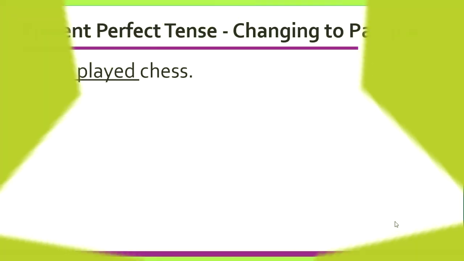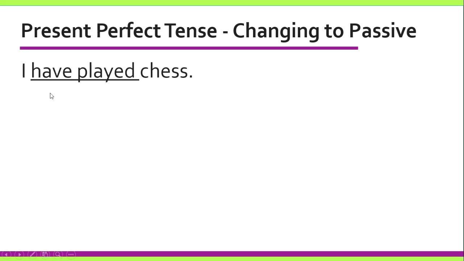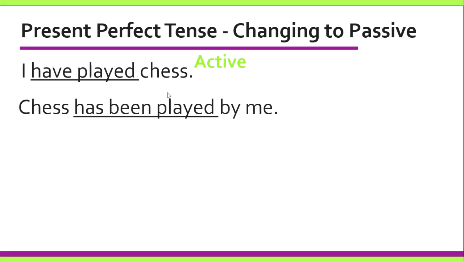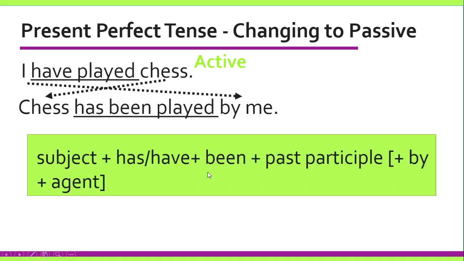Now coming to present perfect tense. I have played chess. This is an active voice. And how do we change it to passive? Chess has been played by me. What do you see? Here again, the object becomes the subject, and the subject is the agent who is doing the action. So what is the format of passive voice?